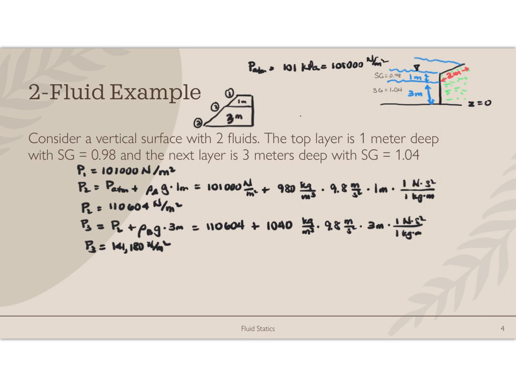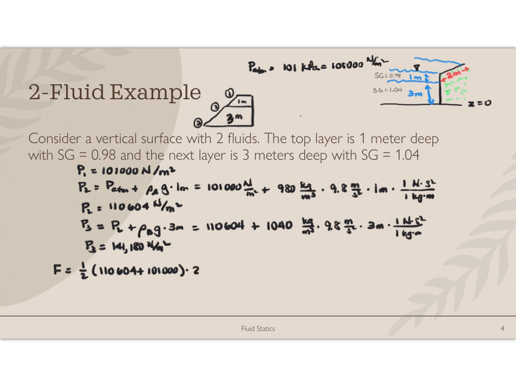What about the force? Well, the force is now that pressure prism. So the force at the top is 1/2 the average of those two pressures, 110,604 plus 101,000, the top and the bottom, times the area.